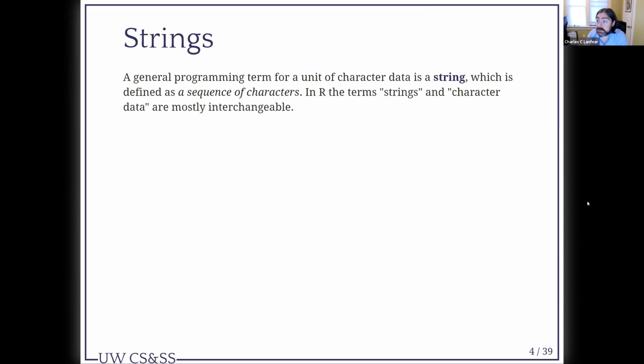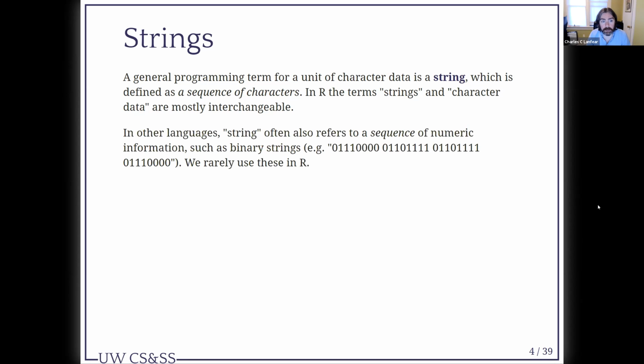so strings, what we're going to be playing with today. A string is a general programming term for any unit of character data. A string is just a sequence of characters. In R, we'll typically use string and character data as interchangeable phrases, but a string specifically refers to a single element of a character vector.